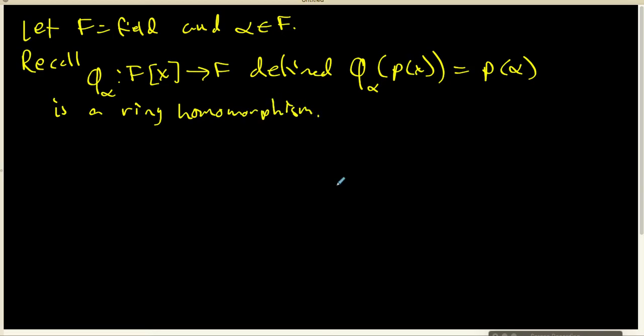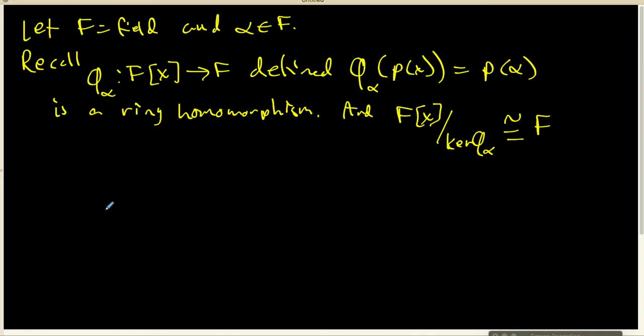And in a previous video, we even showed that F[x] mod the kernel of this homomorphism turns out to be isomorphic to the ring of coefficients, which in our case is the field of coefficients F.